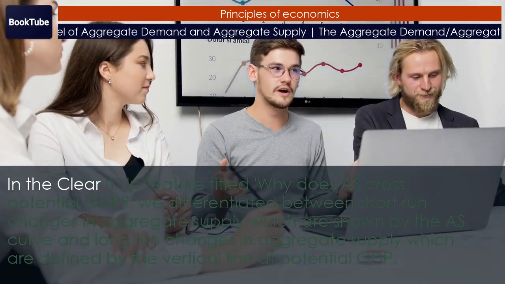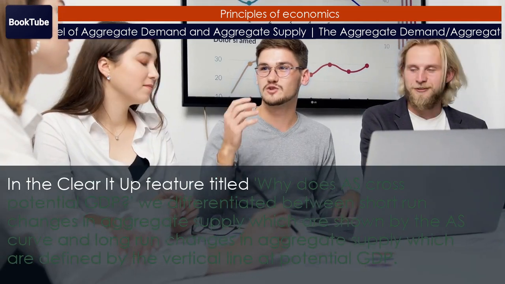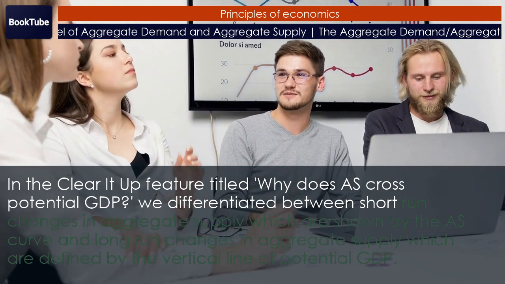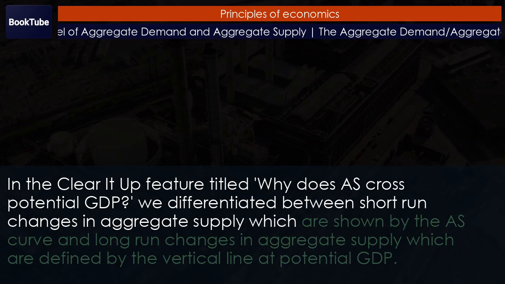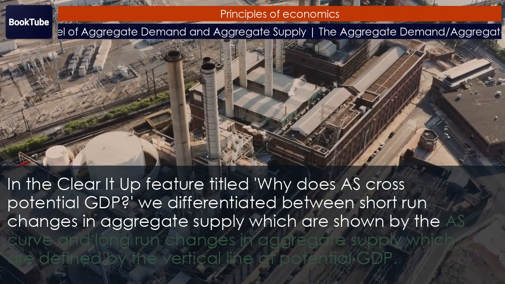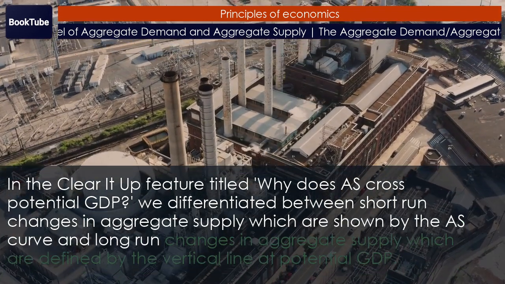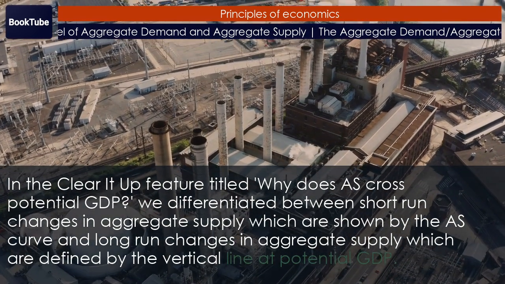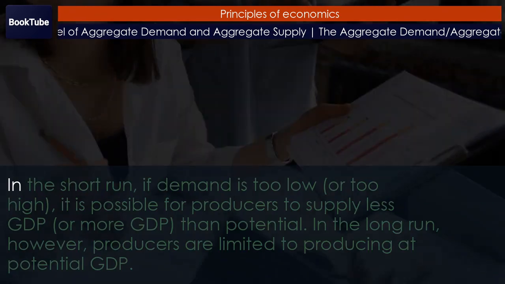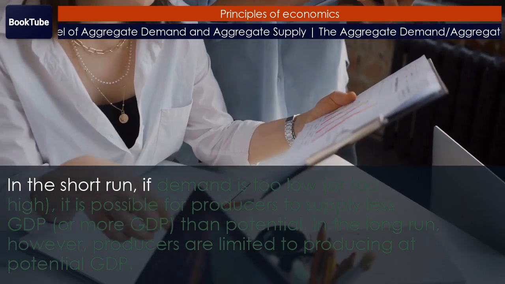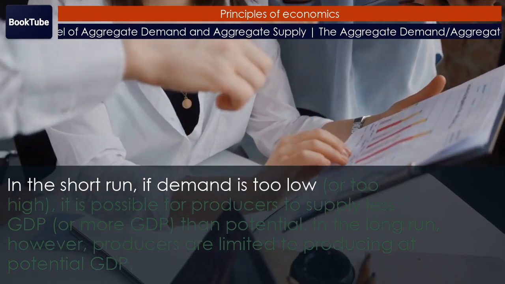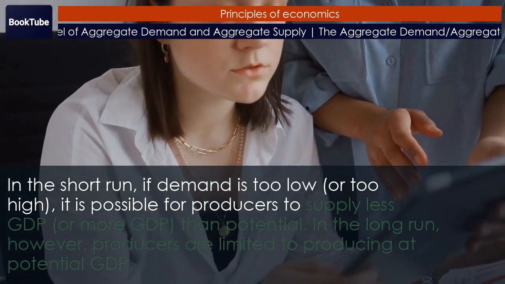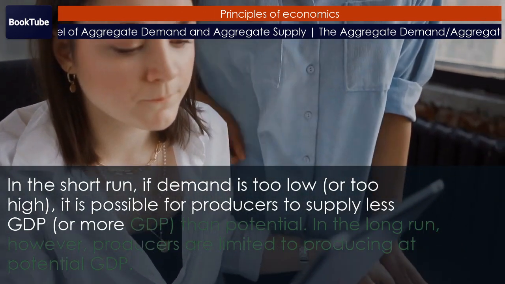Defining SRAS and LRAS. In the Clear It Up feature titled, Why Does S Cross Potential GDP? we differentiated between short-run changes in aggregate supply, which are shown by the S-curve, and long-run changes in aggregate supply, which are defined by the vertical line at potential GDP. In the short run, if demand is too low or too high, it is possible for producers to supply less GDP or more GDP than potential.